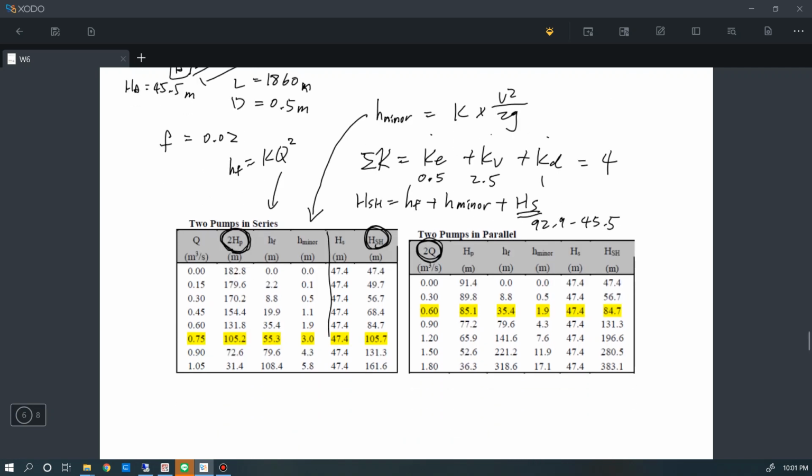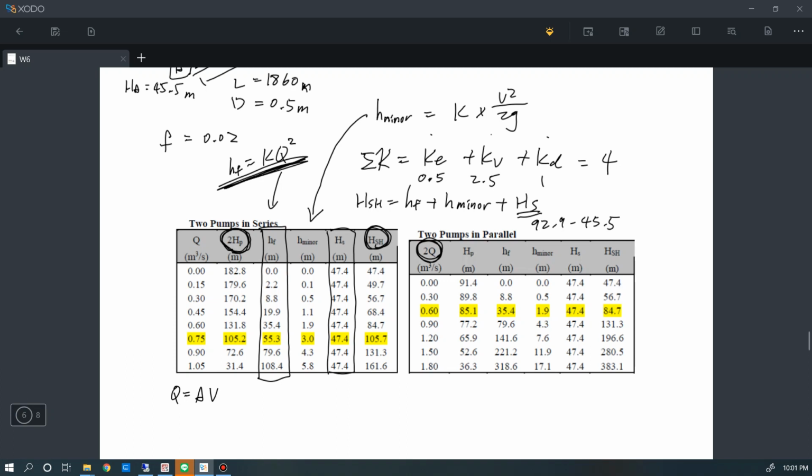So you have this column, and you use this equation, you can calculate the friction head loss corresponding to the given flow rate. And you know the flow rate is equal to area times the velocity.